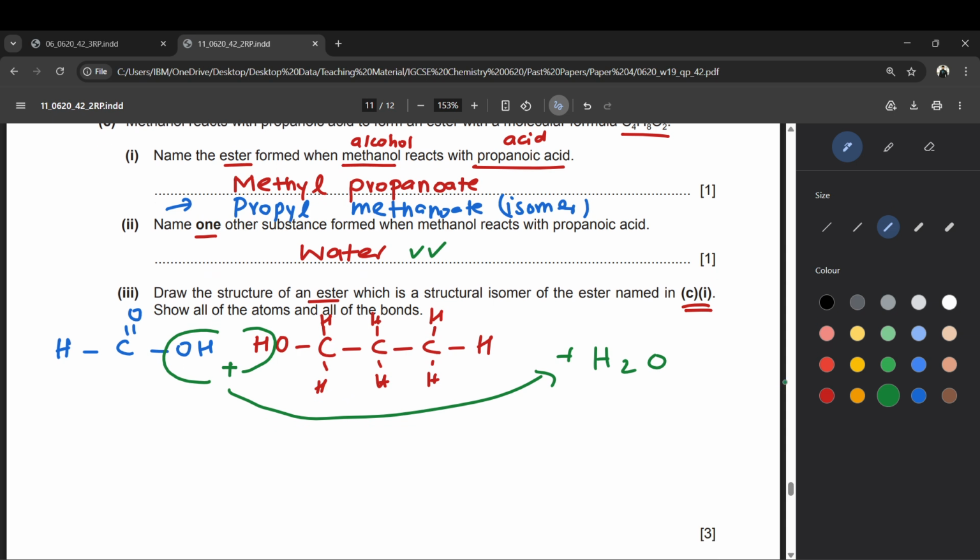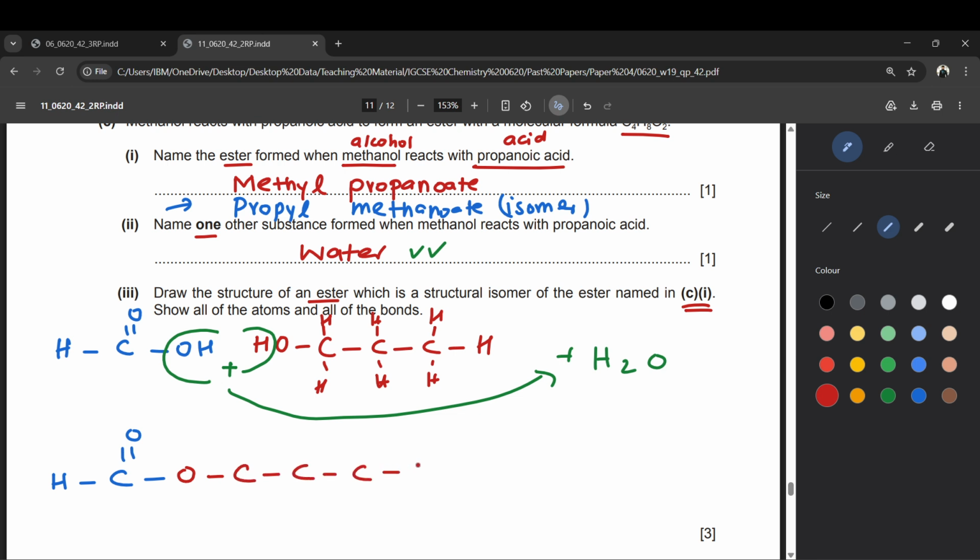How do you get an ester? Now let's see, after the removal of these atoms, what's left? So I'm just going to start drawing my structure. Now after this, there's a break in the bond, right? In both the reactants. So to complete the structure, oxygen from this side and carbon from this side are going to start bonding together.